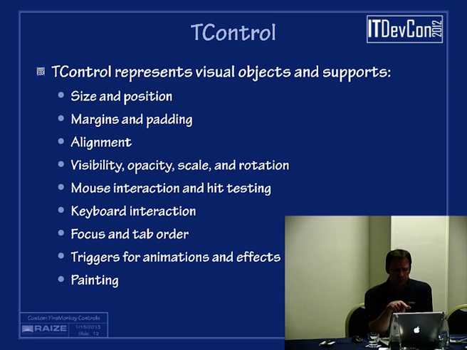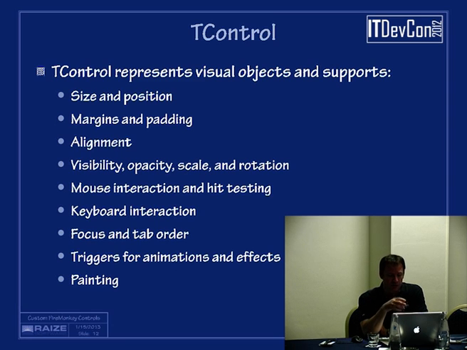So TControl. Most of these I already touched on. I'll highlight the ones that are different, but TControl in FireMonkey gives us all these core features that we're used to. Opacity, alpha blending is built in at the TControl level. Margins and padding are there. They're opposite the VCL. Alignment is there, but extended. There's a lot more ways to align things. We'll see an example of that where we're going to composite elements together, and having something called the align center is really nice to have.